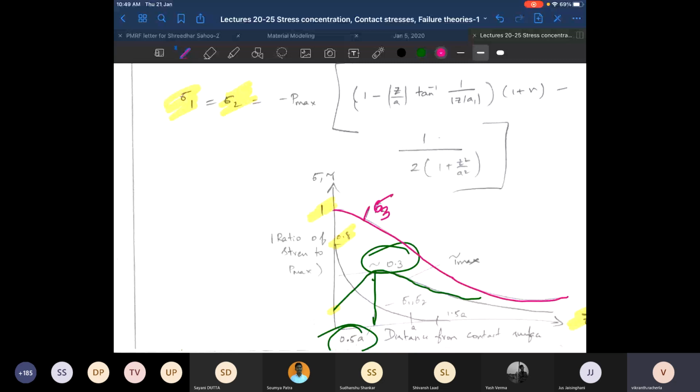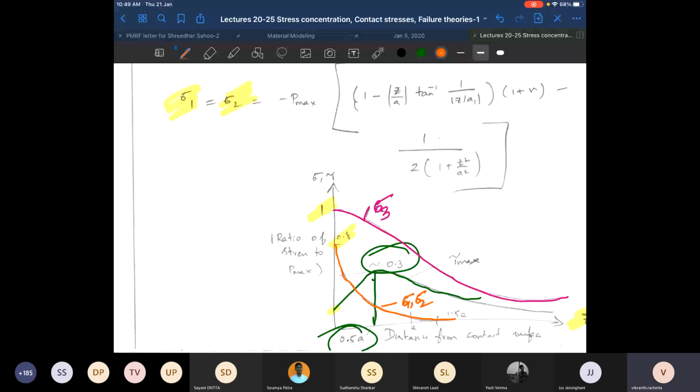And the orange, which I'm drawing now, is for sigma 1 and sigma 2. These are in-plane stresses.